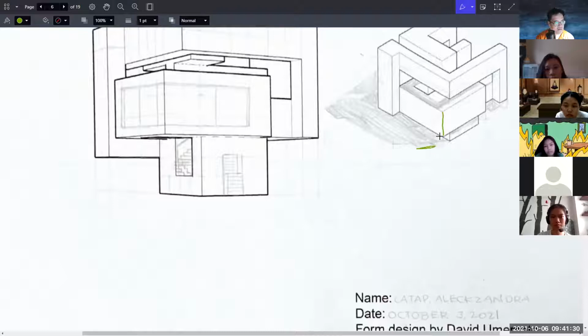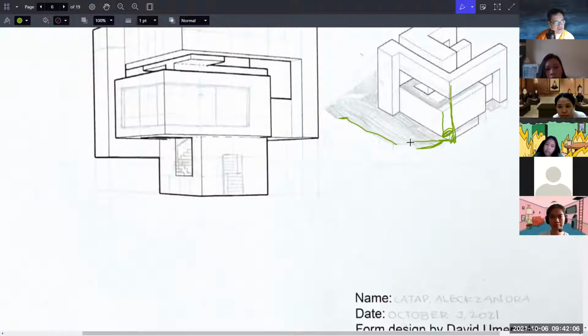Yes, tama. Pero you keep forgetting that there's another line here that needs to be casted, like underneath. Yan. So partially, nandito yun. Kaganon siya. Okay, other than that connects to that. Tama. So that's correct. This is the outline. And then this one is another plane.